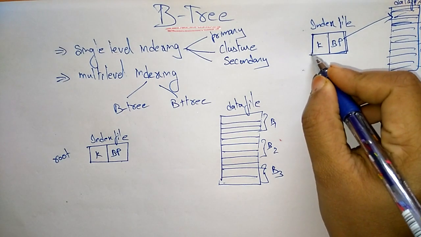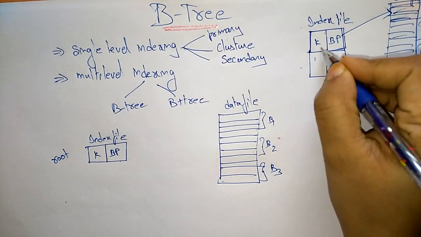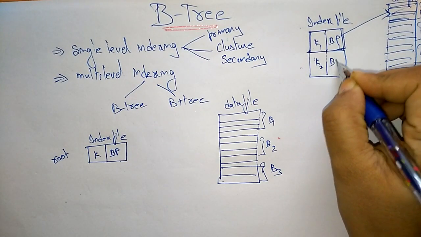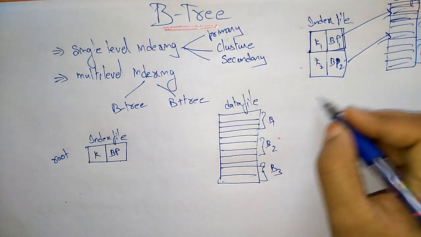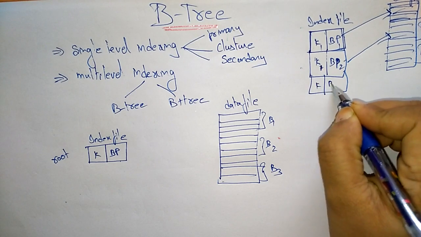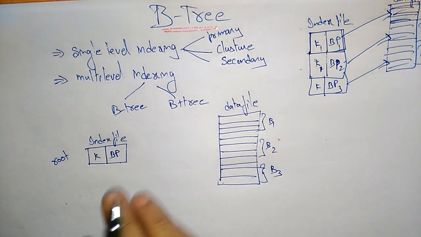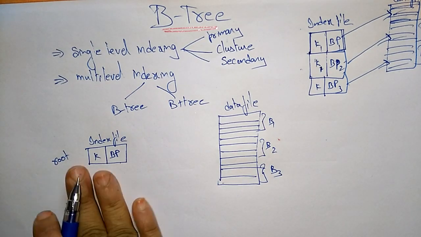In single level indexing, you have a sequence of K1, BP1, K2, BP2, different keys and different block pointers pointing to the blocks, block pointer 3, like this. Whereas in multi-level, first you have the root node consisting of only one field.